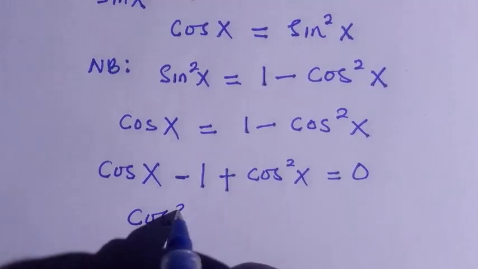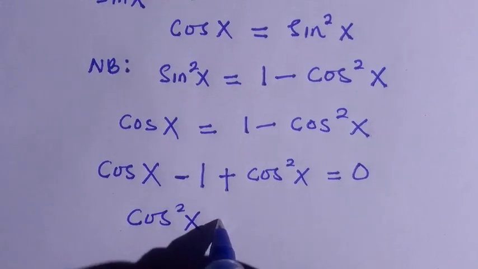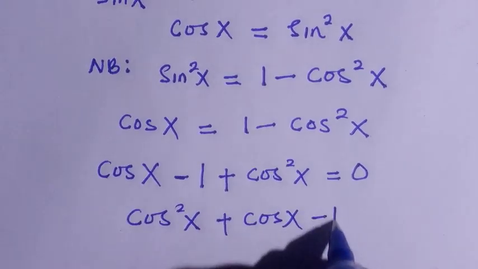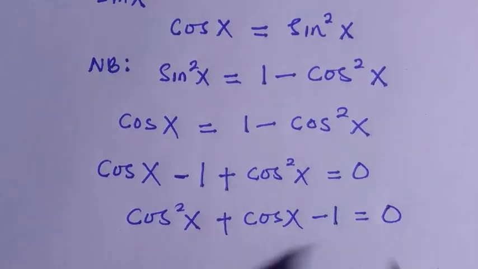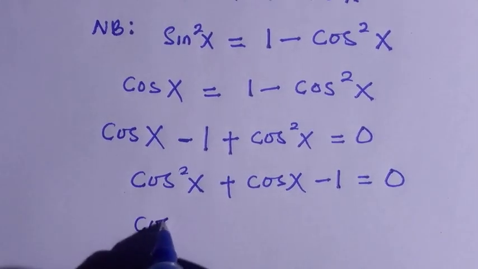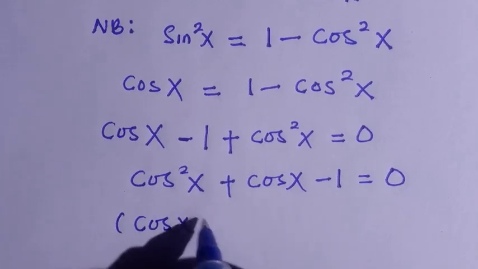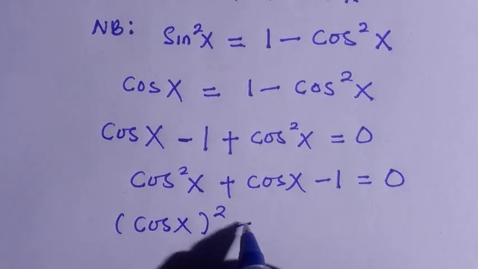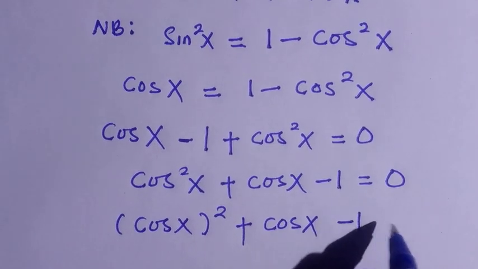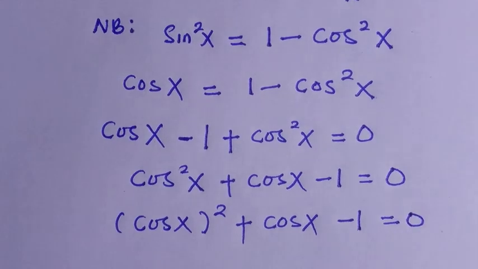Let cos square x begin this, plus cos x minus 1 equals 0. And suppose I write this as cos x all squared plus cos x minus 1 equals 0.